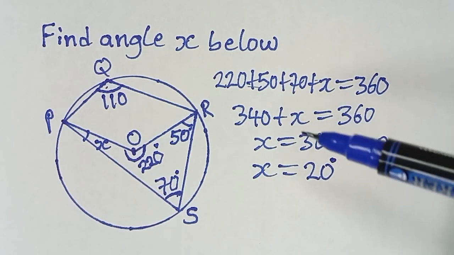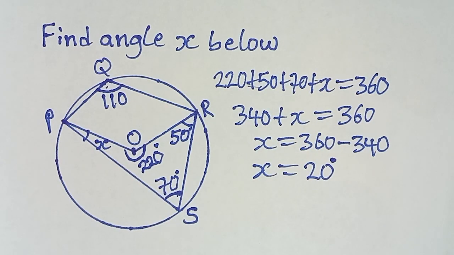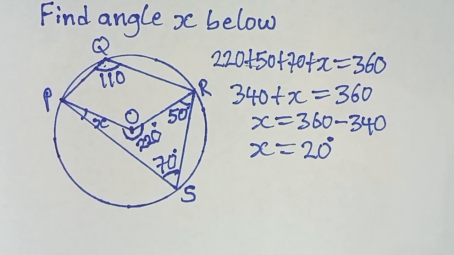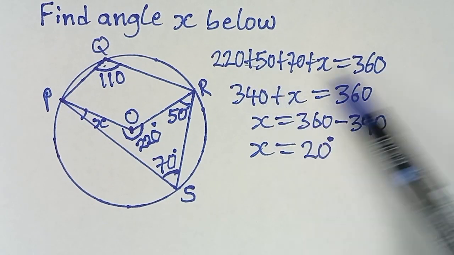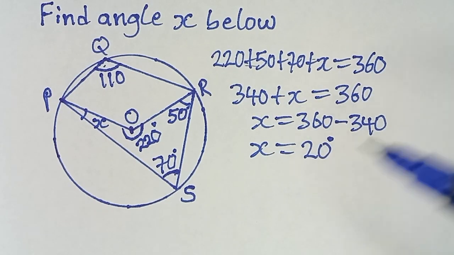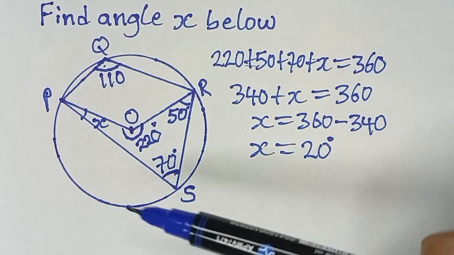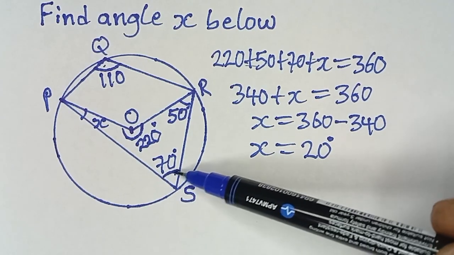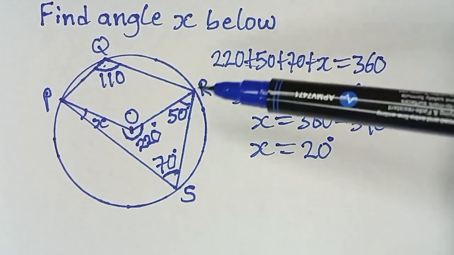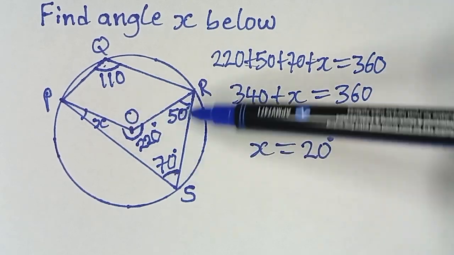But that's not all. Like I said, I wanted to show you a short method that you should have applied instead of following all these long processes. The shorter method, immediately you got this 70 degrees, is to look at these 3 angles.